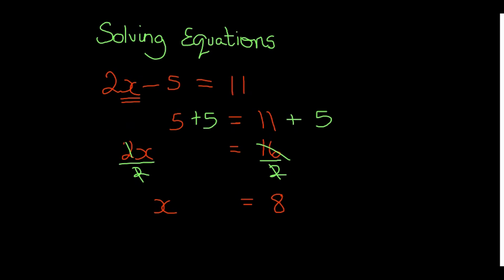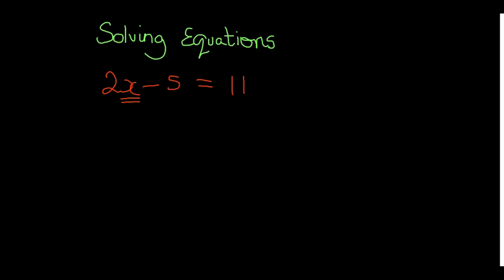Alright? So this was one of those little simple ones, and what I will also do now, I'll rewrite the working without the plus 5 and divide by 2 on both sides, so you'll see what it looks like for people who could process what they need to do without writing in the steps. So because we have the subtraction here, to subtract 5 here, we add 5 to both sides.